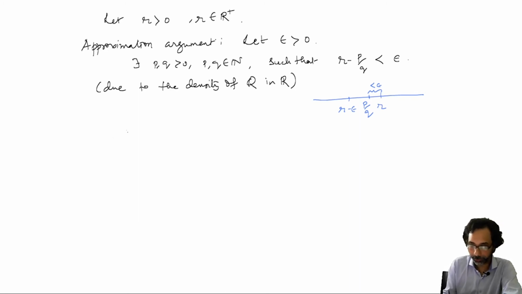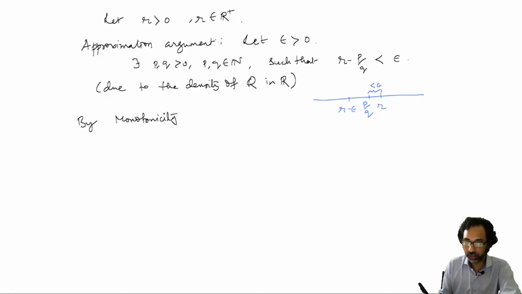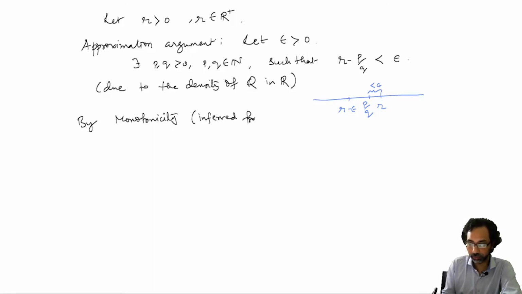So now by monotonicity, remember that our m prime also satisfied non-negativity and finite additivity. The monotonicity property can be inferred from finite additivity and non-negativity.